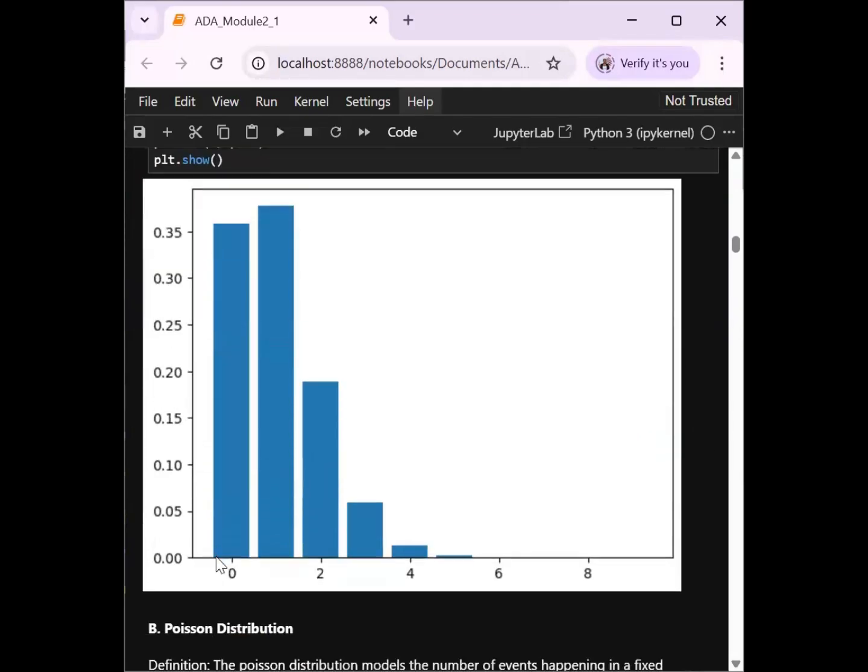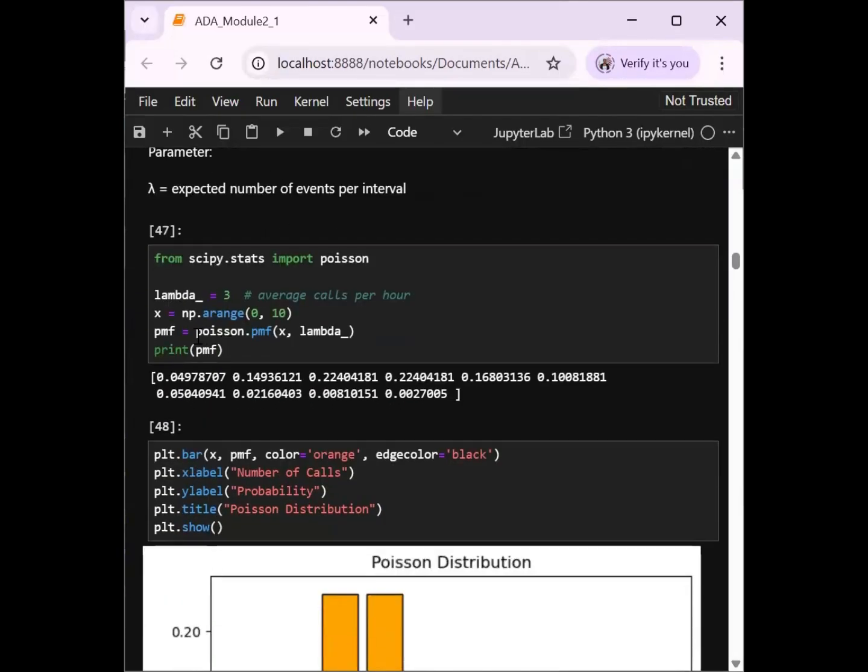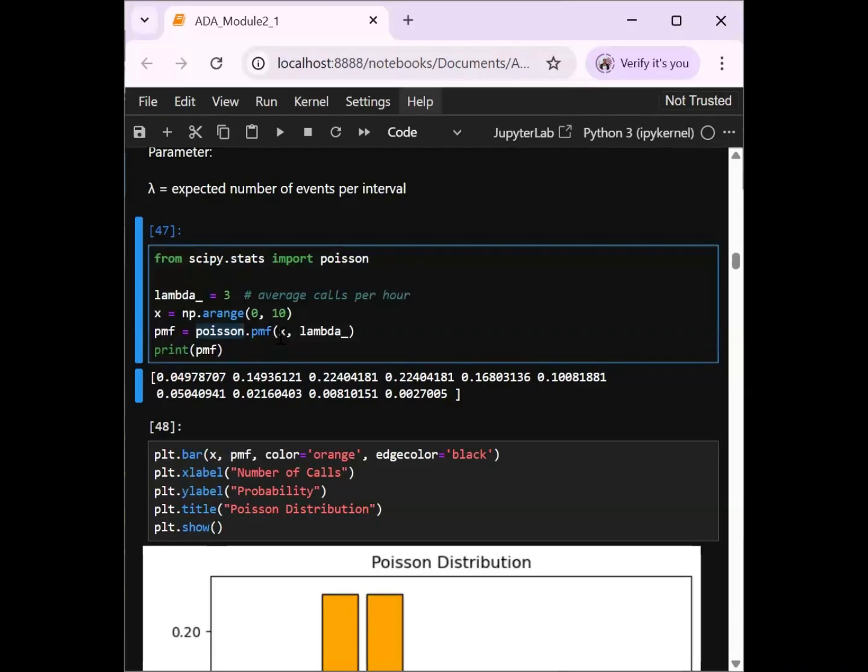So the formula for Poisson now is e raised to the power negative lambda, times lambda raised to the power k, over k factorial. But when we want to use this now, we are calling the package, the function. You don't need to write out your e because it takes care of that for you, because e is actually a constant, right?